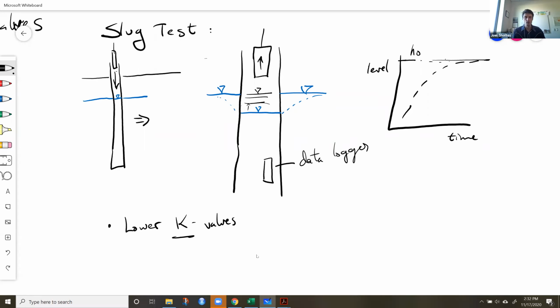So if I want to know what's the hydraulic conductivity of the aquifer, if I want to know how much water I can extract from this at steady state, to supply or irrigate or something like that, I can go out and do these tests to get characteristics of the aquifer that can then tell me the hydrologic properties and hydraulic properties of it.